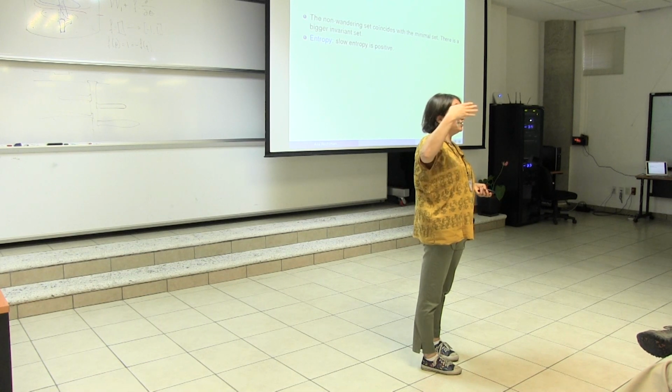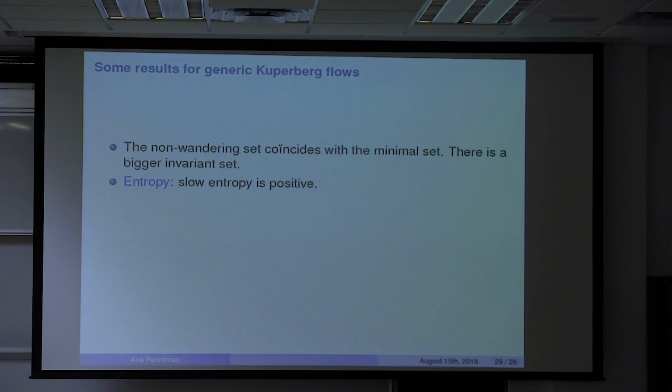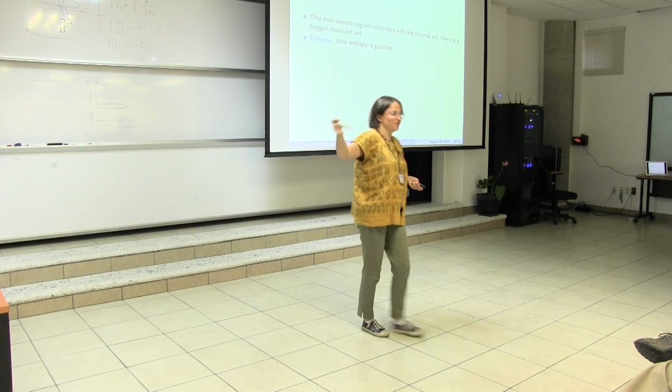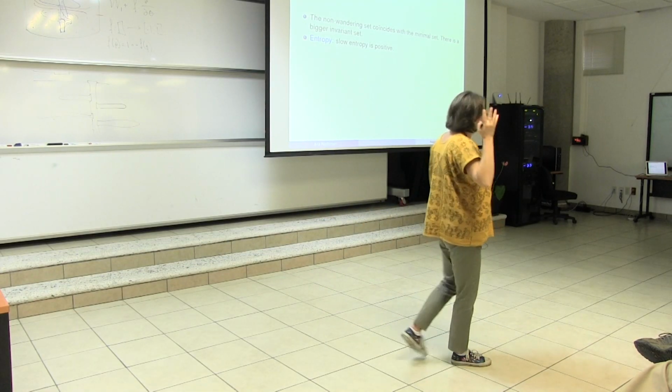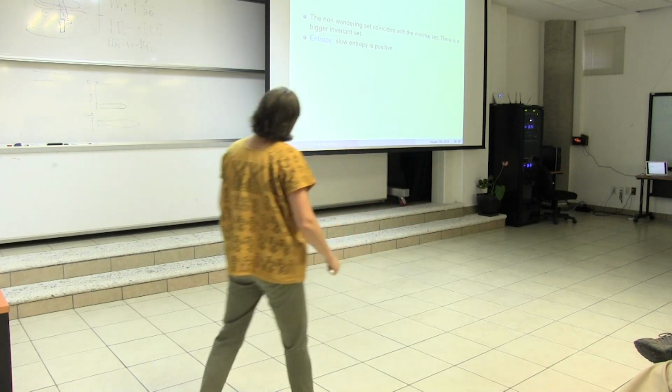If you divide by the square root of t, or things like that, you are studying what is called the slow entropy of a flow. And for the Kuperberg flow it is positive. Now the exponent depends on choices. We can't say that for all generic Kuperberg plugs dividing by the square root of t gives positive entropy, but for all of them it will be positive at some exponent, and the exponent depends on other choices.